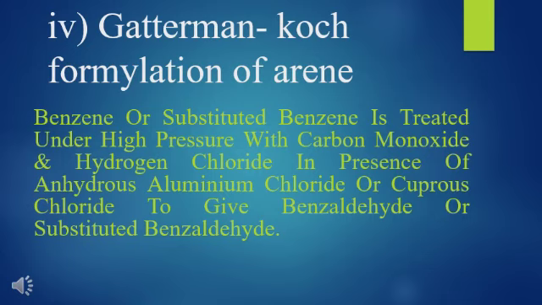Fourth reaction is Gattermann-Koch formylation of arene. Benzene or substituted benzene is treated under high pressure with carbon monoxide and hydrogen chloride in presence of anhydrous aluminum chloride or cuprous chloride to give benzaldehyde.